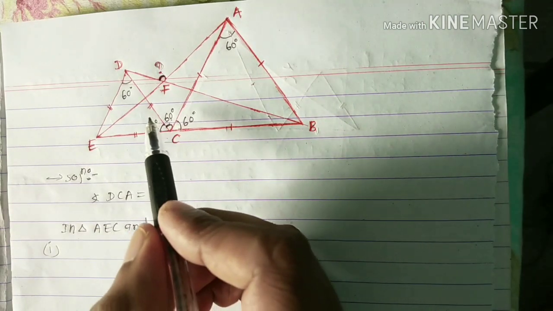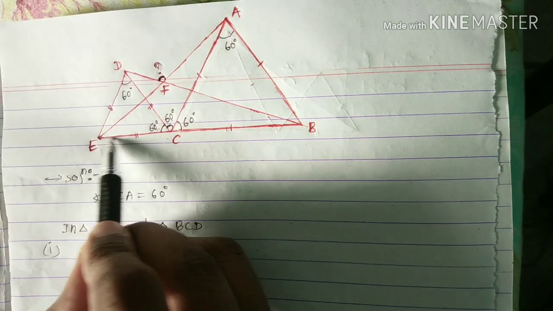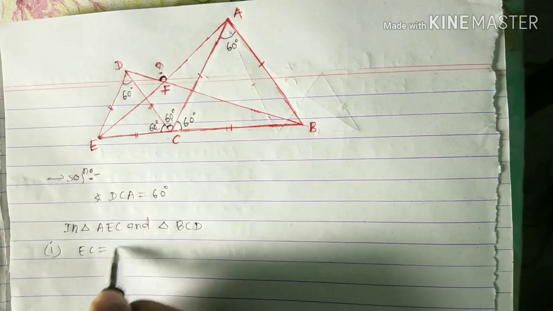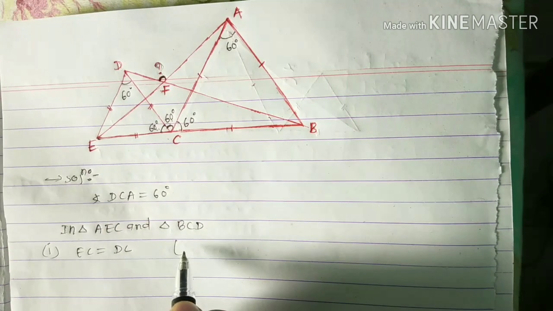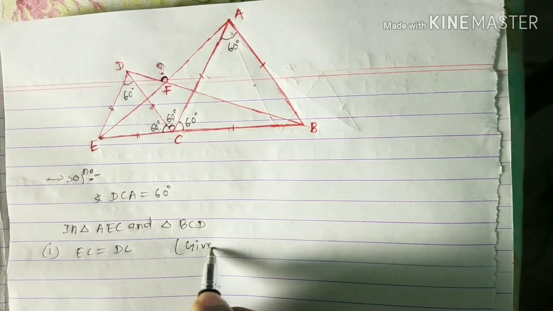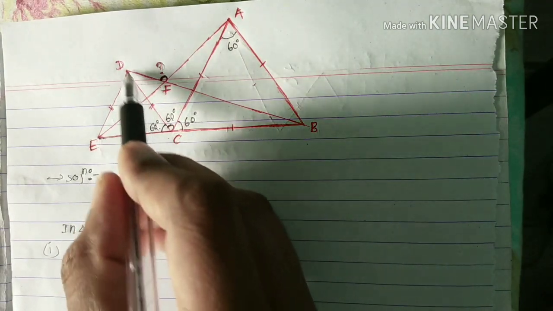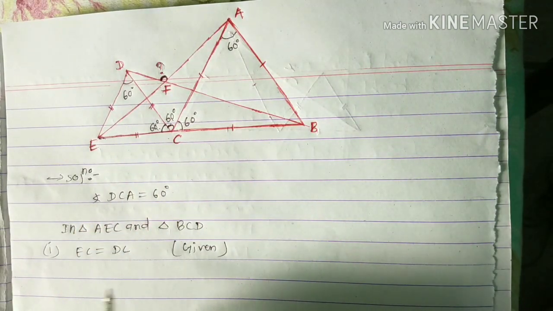Because side EC is equal to DC. This is given, as you can see the sides EC and DC are equal, because both are sides of an equilateral triangle.